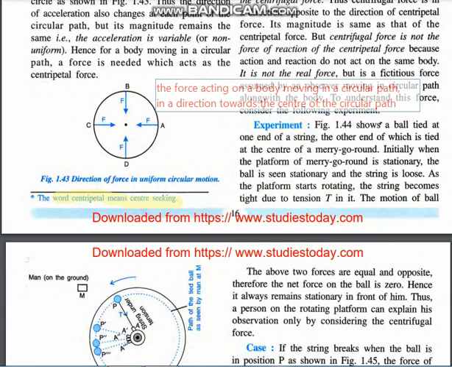This is the proper definition of the centripetal force.